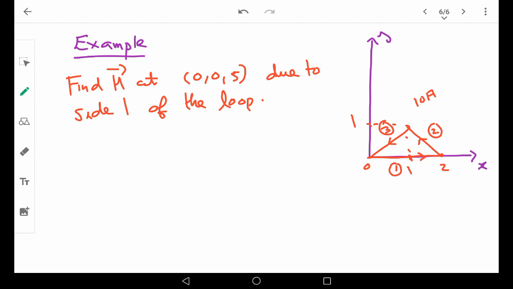X is 0, Y is 0, and Z is 5, right? So this is X, this is Y.